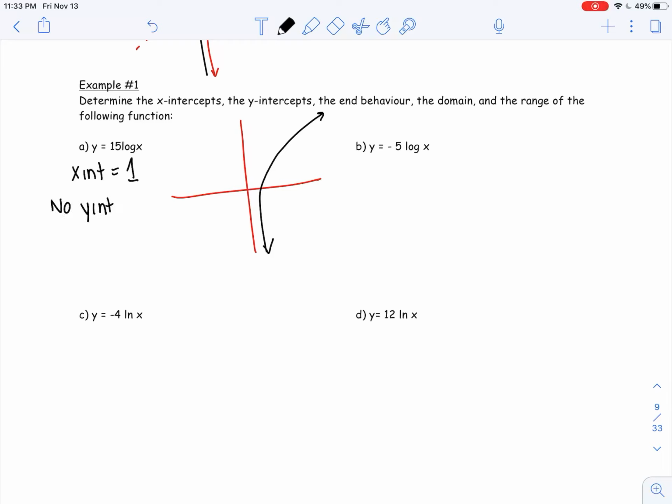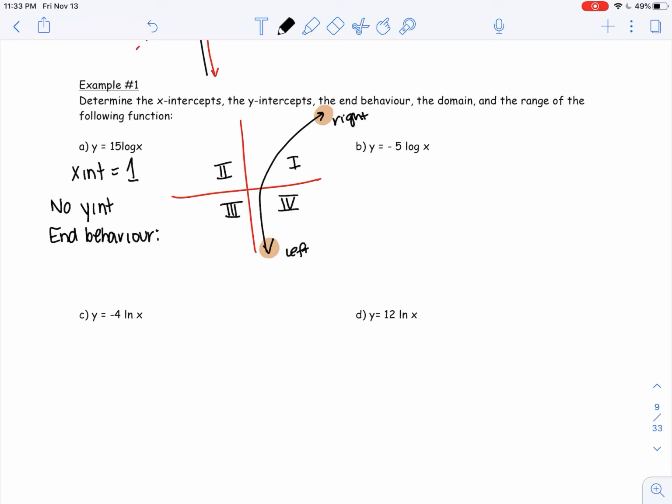There is no y-intercept. The end behavior is kind of similar to what we did before. We first label which quadrant is number 1, 2 in Roman numerals, 3, and 4. Now we always go from left to right. This is our left end. This is our right end.